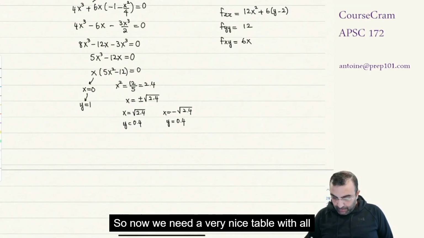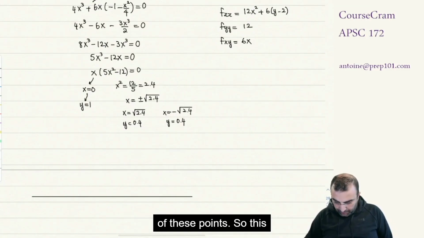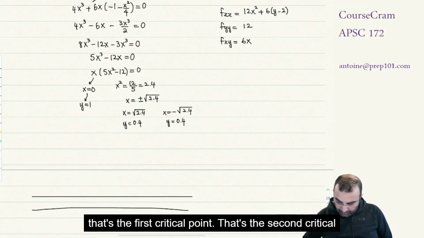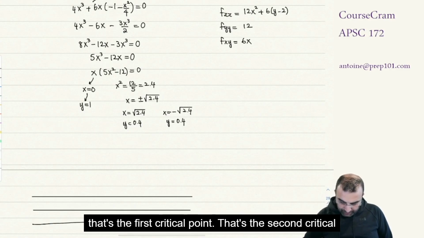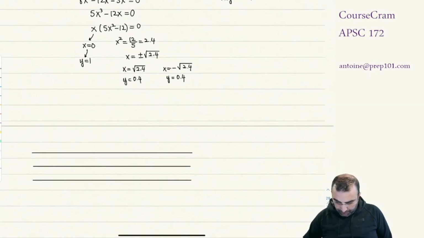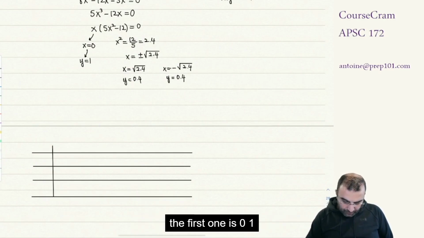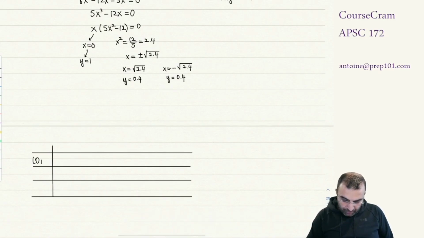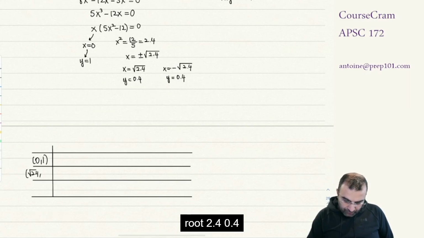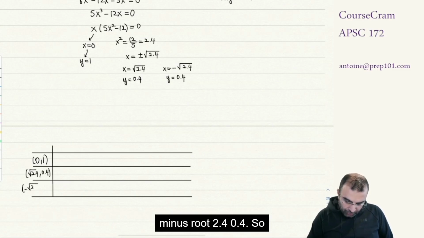So now we need a very nice table with all of these points. That's the first critical point, that's the second critical point, that's the third critical point. The first one is 0, 1, root 2.4, 0.4, minus root 2.4, 0.4.